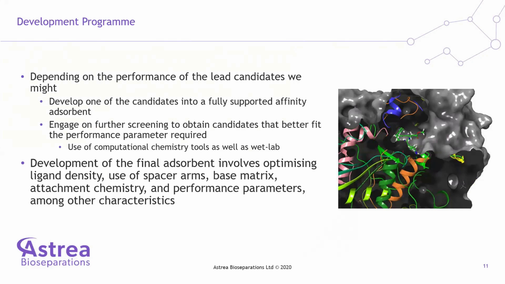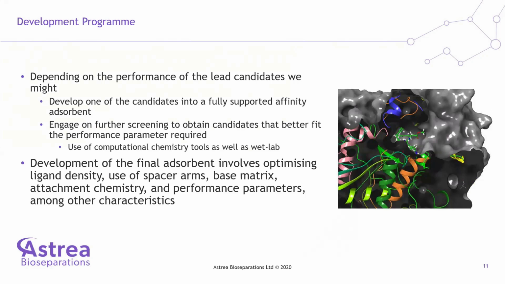So the development of the final adsorbent itself involves the optimization of a few parameters. Most likely, we are going to work with ligand density. We can use different spacer arms depending on how the binding works.